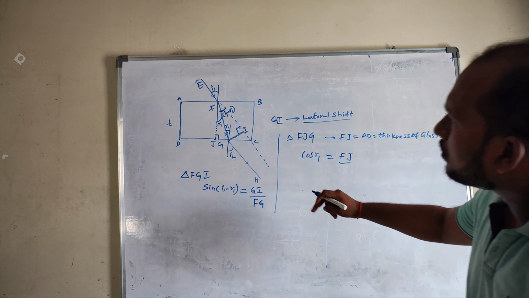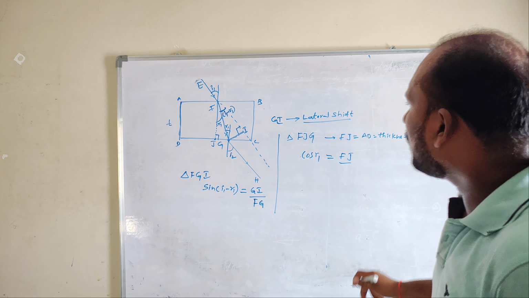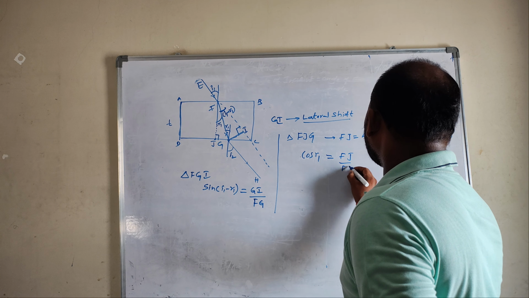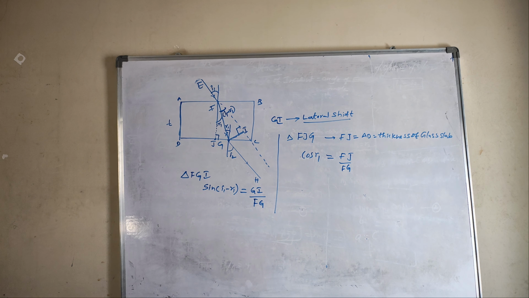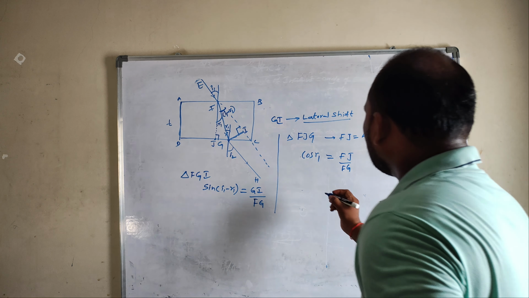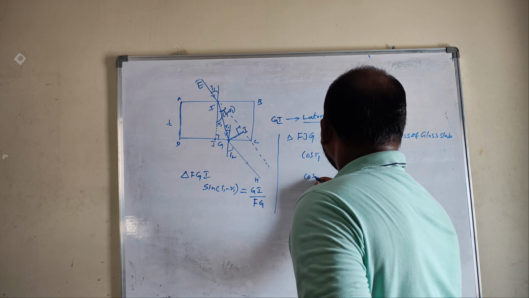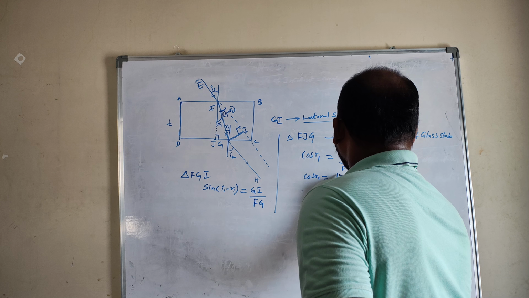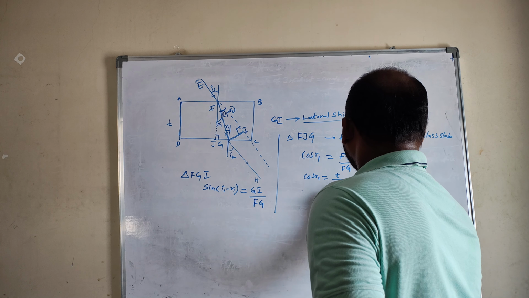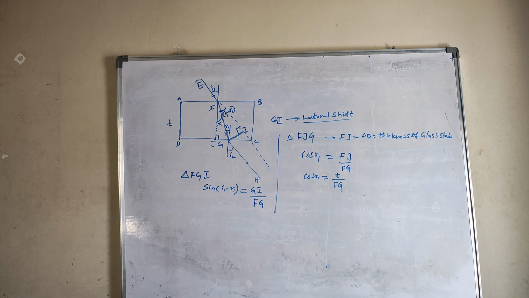What is the adjacent? FJ. And the hypotenuse is nothing but FG. So the FJ value is T. So cos R1 is equal to T by FG.